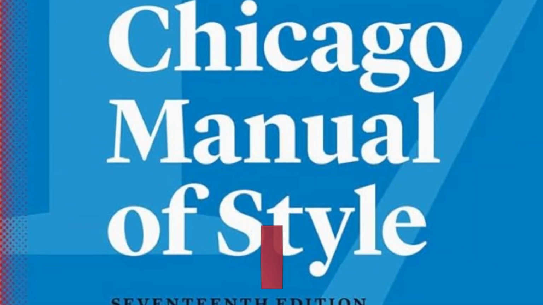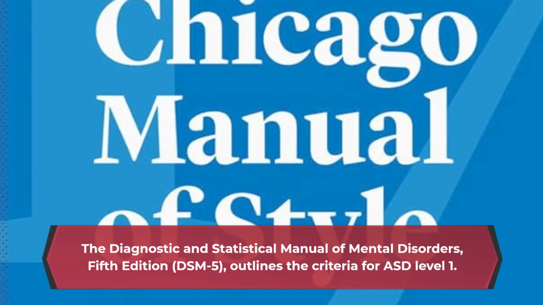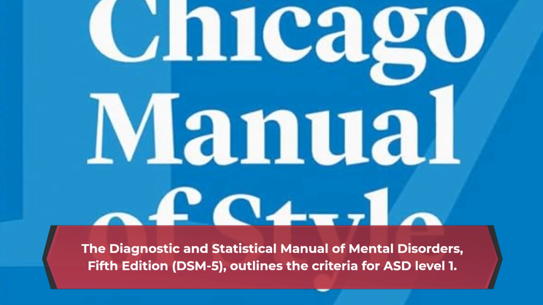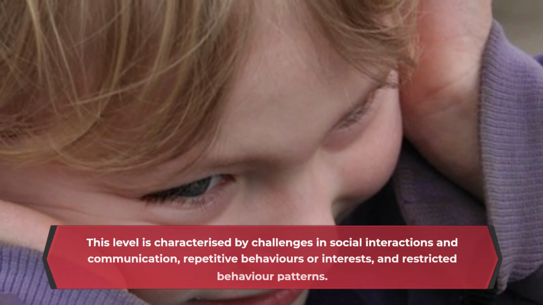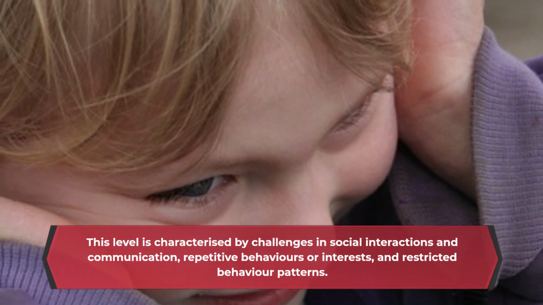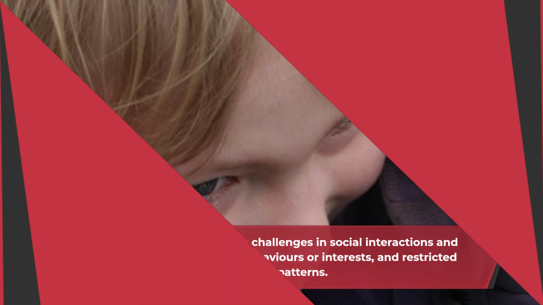The Diagnostic and Statistical Manual of Mental Disorders, 5th edition, DSM-5, outlines the criteria for ASD Level 1. This level is characterized by challenges in social interactions and communication, repetitive behaviors or interests, and restricted behavior patterns.